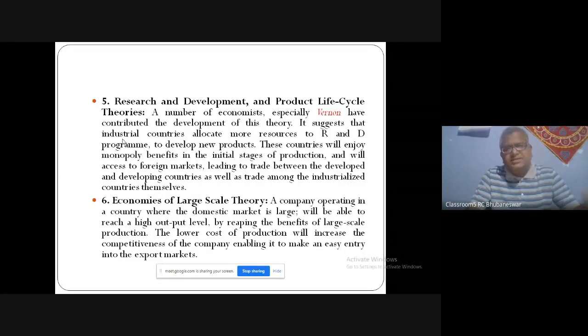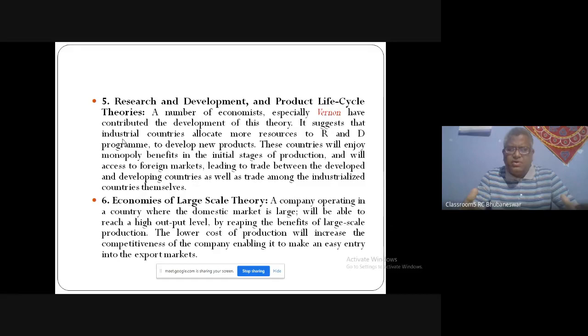Another one is the large scale theory. For large scale theory, the best example is China. It means China is producing very cheaply, with cheap raw material, the particular product at low cost, not only low cost but also lower quality, with more productive output.